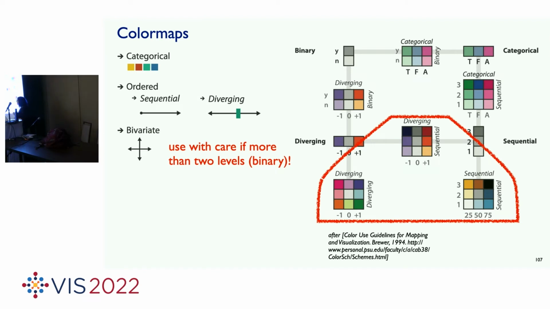Now, be aware that people often want to have what are called bivariate color maps. They want to encode two different attributes with color. Everyone always wants to do this. Be aware that it can be quite tricky to interpret. Even when carefully designed, these color maps that try to systematically vary two parts of color are notoriously difficult for people to interpret.